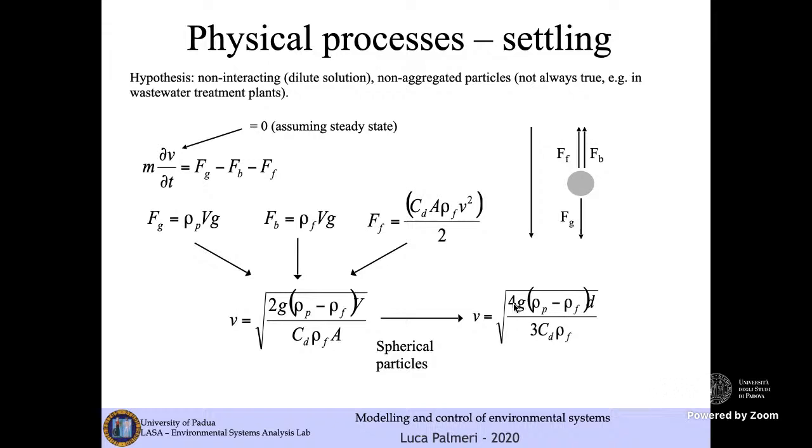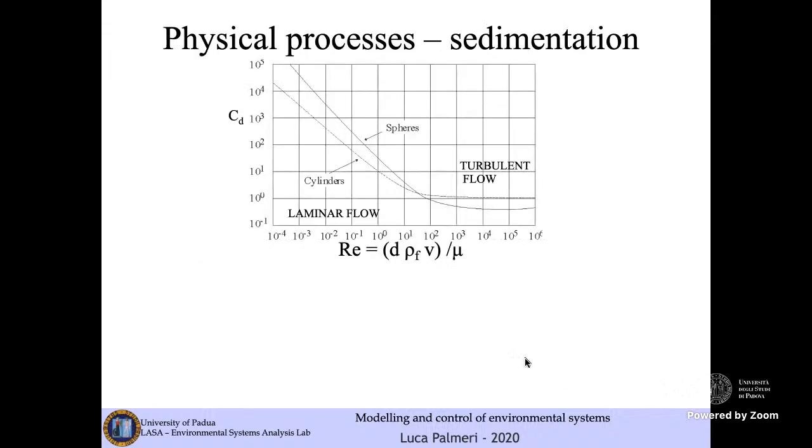Of course, the 4, the 3, and the density of the fluid correspond to 4/3 pi times the cube of the radius, which is the volume of a spherical particle. So for a spherical particle, we simplify this relationship, expressing the settling velocity in this way.